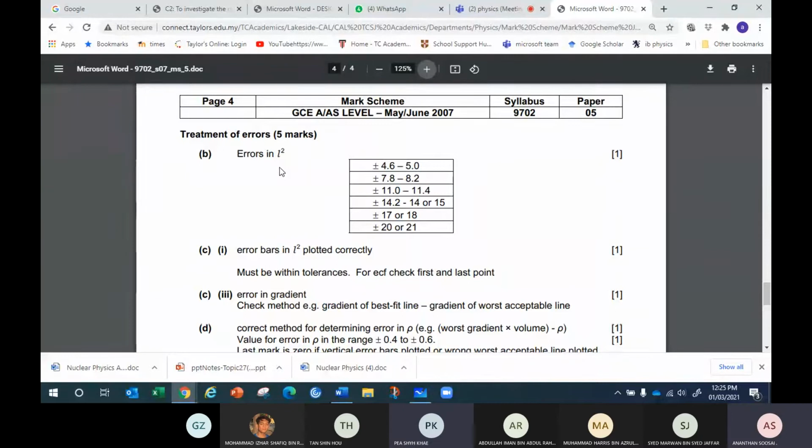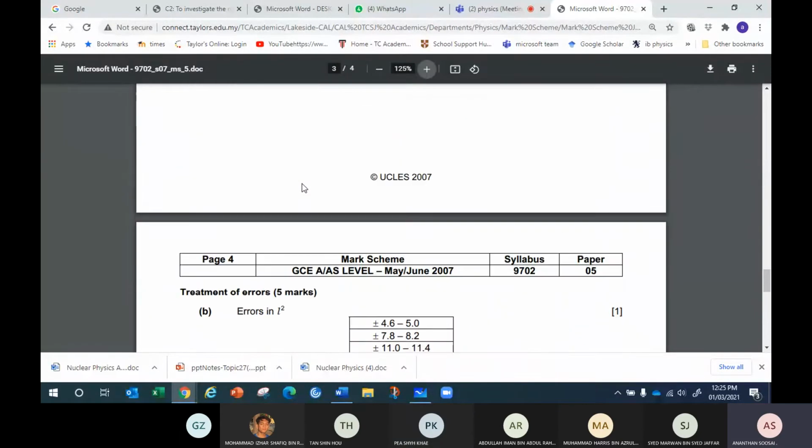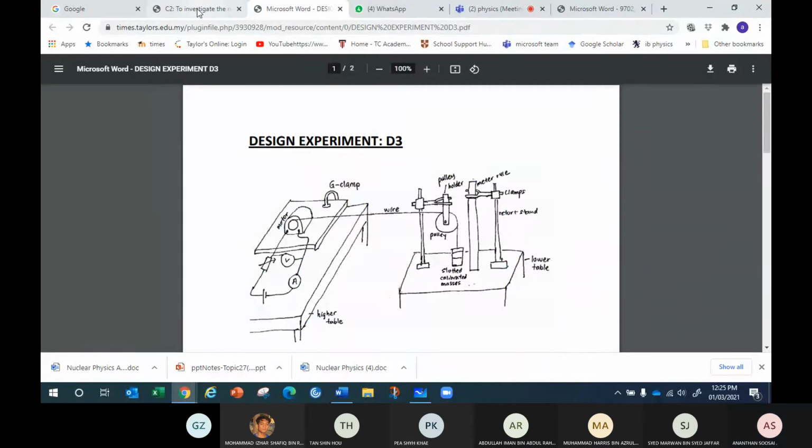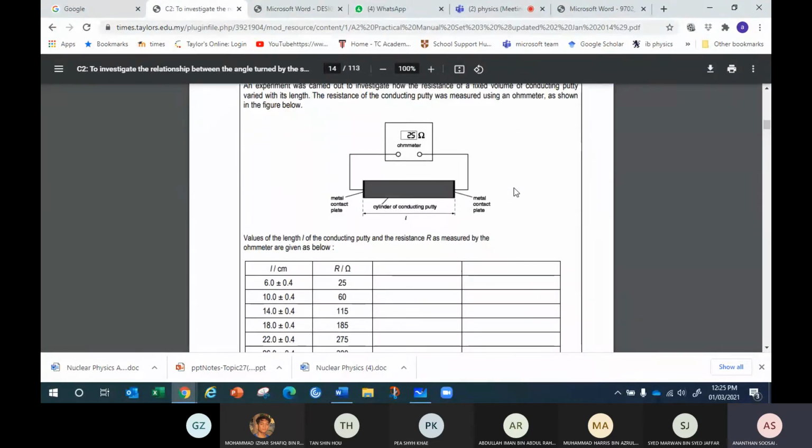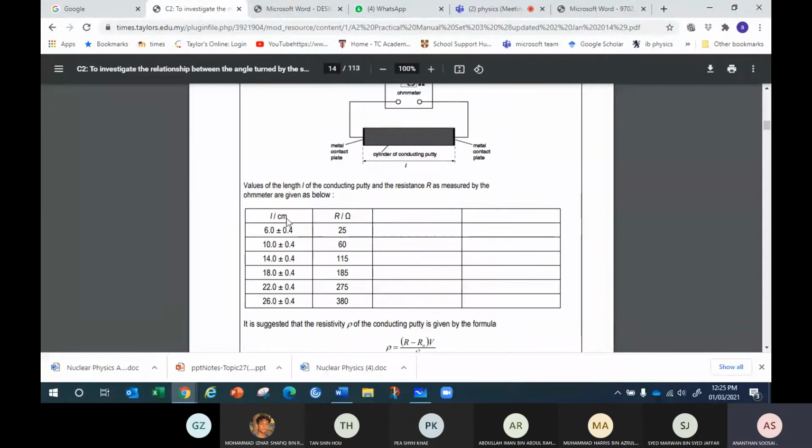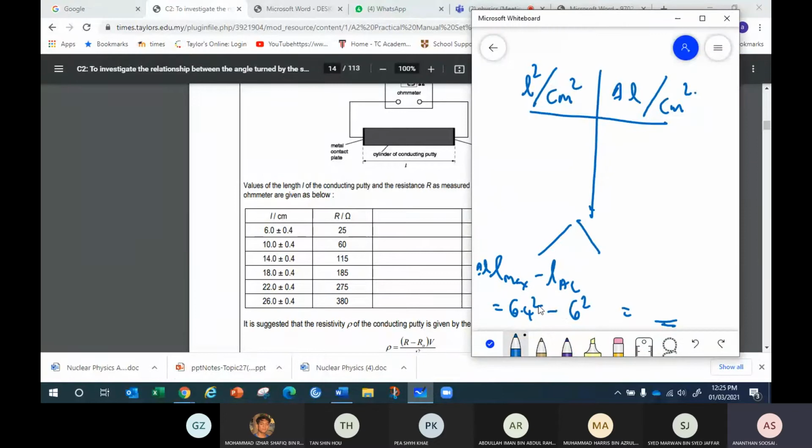So maximum is 6.4 squared, minus 6 squared. You get the changes of L squared, right? How much do you get? Oh, sorry, teacher. I minused the wrong value. I minused off the minimum one. Oh, okay. Maximum minus minimum, you get double. Sorry, teacher. It must be maximum minus the actual.